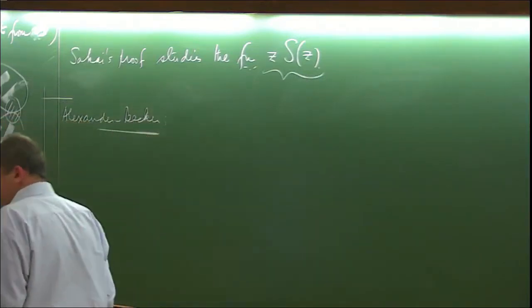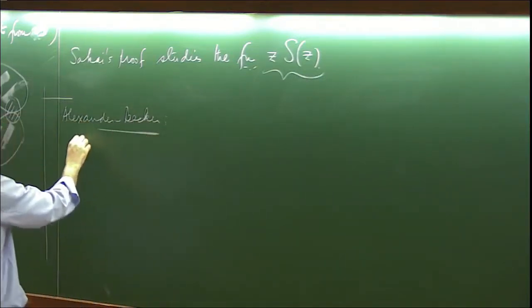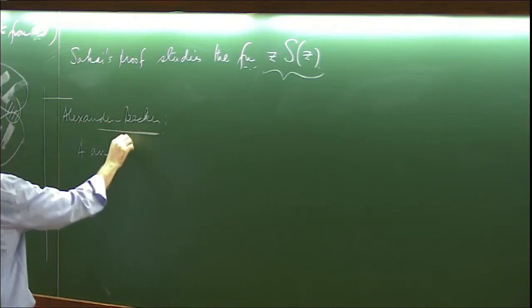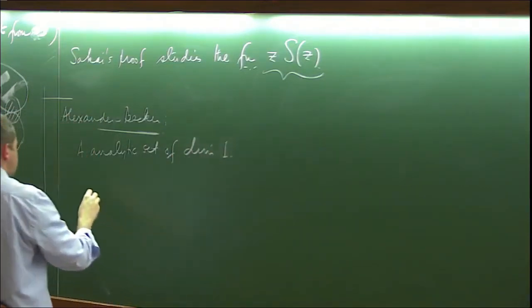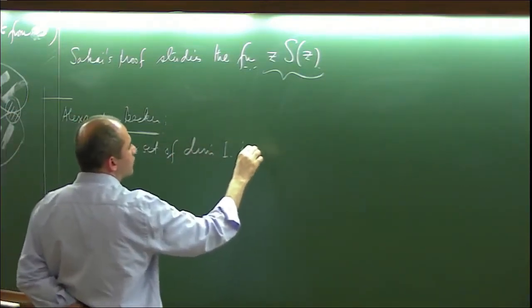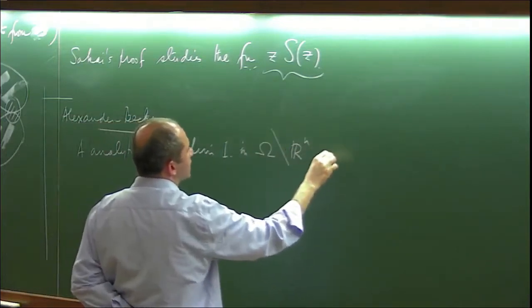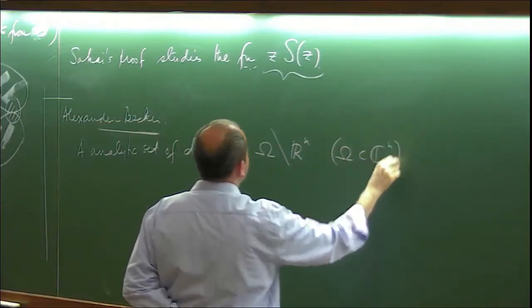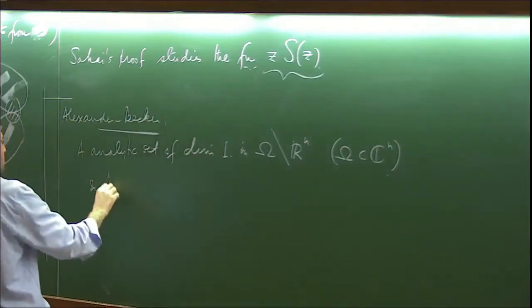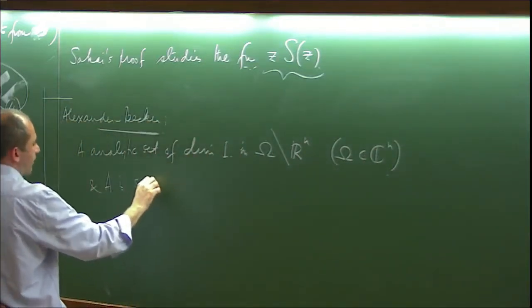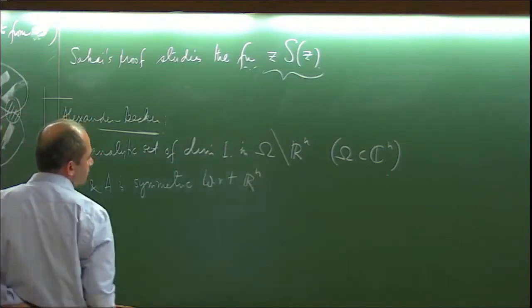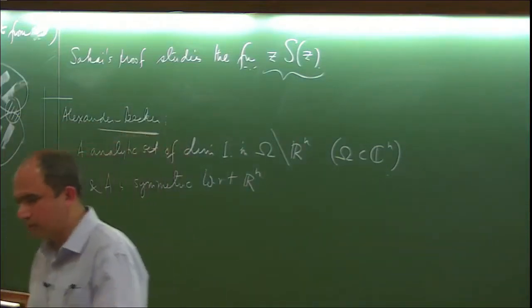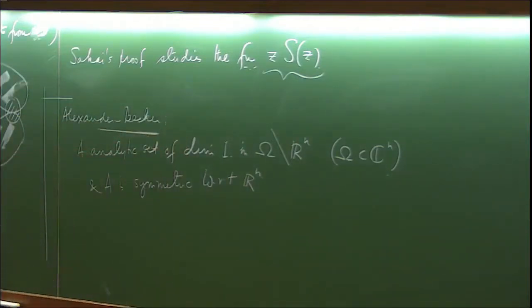So what does this theorem say? It says that if you have an analytic variety A, dimension 1, in a domain omega minus say R^n, where omega is in C^n now, and suppose A is symmetric with respect to R^n. So there's a standard notion of reflection across R^n, (z1, ..., zn) going to (z1 bar, ..., zn bar).